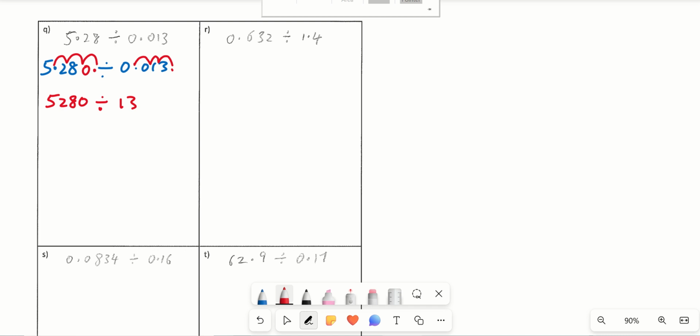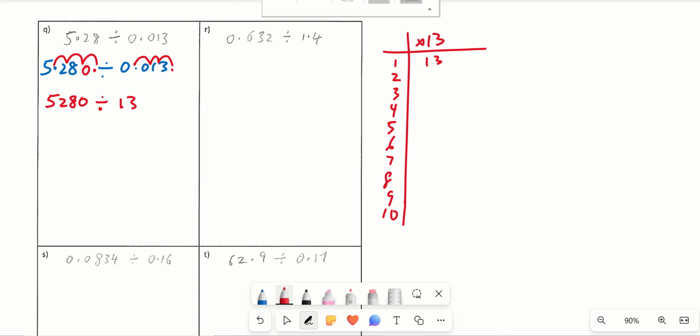So this gives us a chance to work on two-digit divisors. In order to proceed, we create a times table for 13. So we've got times 13 over here. 1, 2, 3, 4, 5, 6, 7, 8, 9, 10. So 13, 26, 39. 4 times 13 is 52.